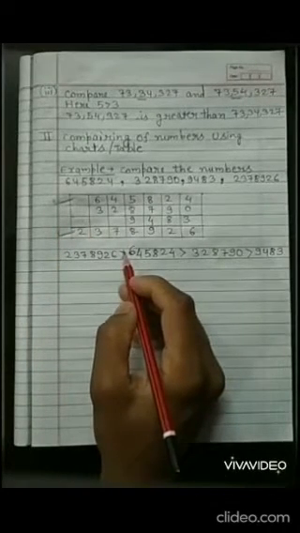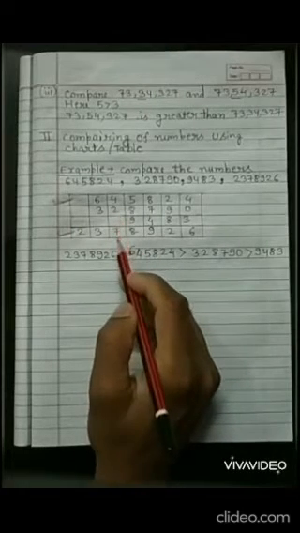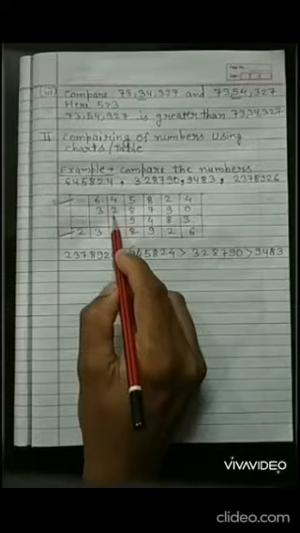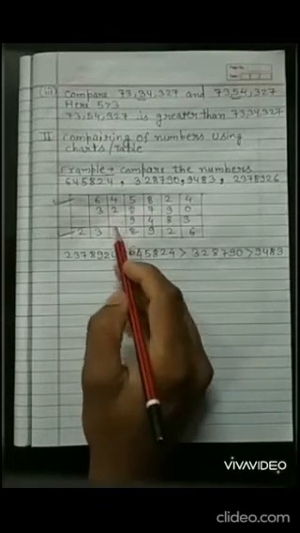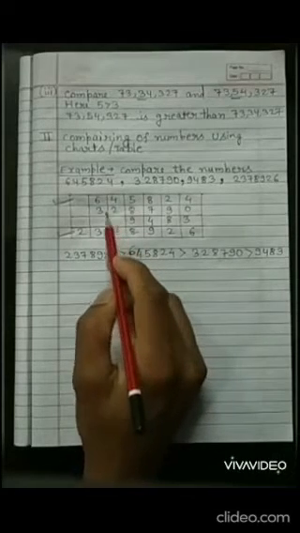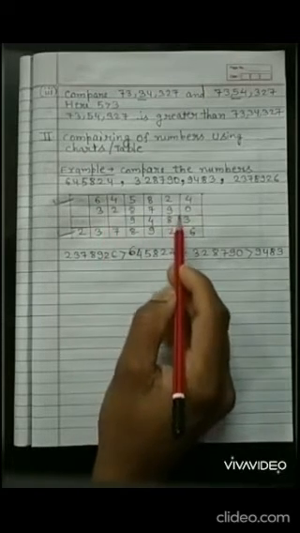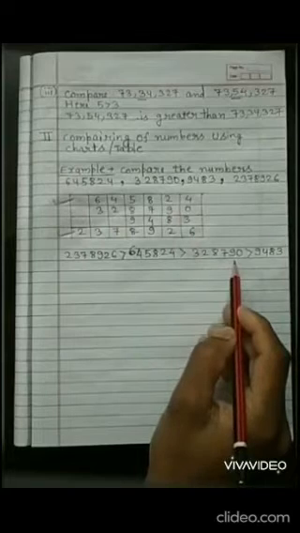So we are going to check all the boxes of the third column. In this third column, here digit 2 is in this box and there is no digit in this box. So in this case, this number will be the greater. So I have written this number in this place.